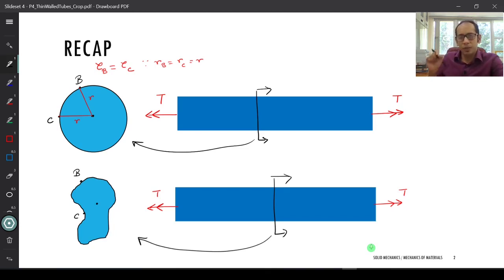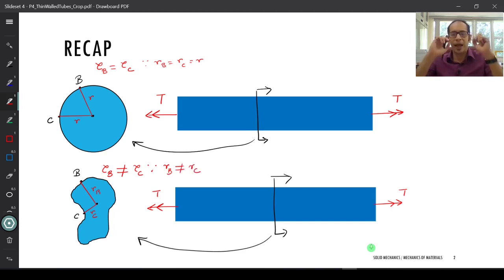Now this shaft has a non-symmetric, non-circular section, and the distances of the points from the centroid, let me just mark them, are RB and RC, which is of course different than the r that you had previously, and they're not equal. So in this case, my tau B will not be equal to my tau C. Why? Since my RB is not equal to my RC.